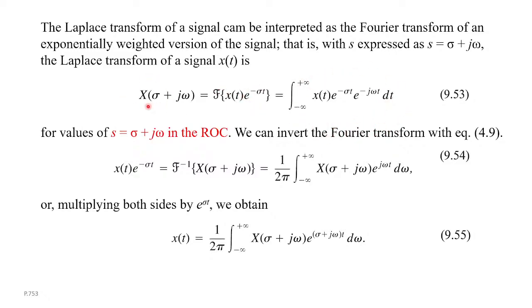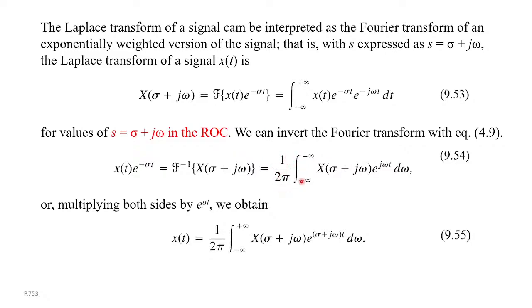So we have a Fourier transform of a signal, and we know how to do the inverse Fourier transform. So we can get x of t times e to the minus sigma t as the inverse Fourier transform of this thing, and we have the formula for inverse Fourier transform.